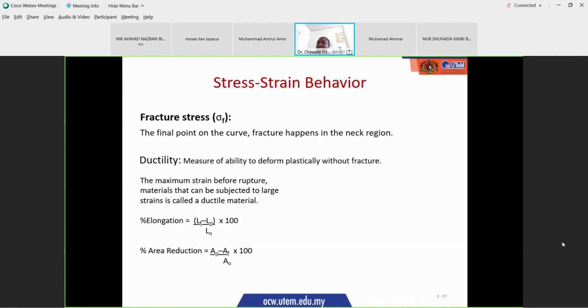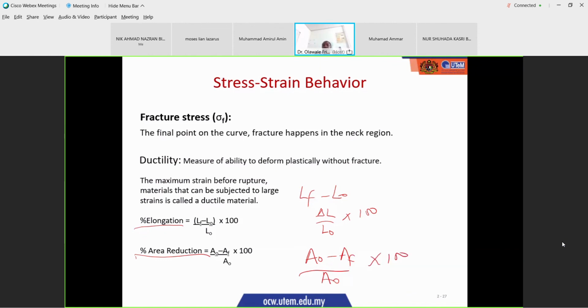And to measure the ductility of your material, you can use two methods, either the percentage elongation or the percentage area reduction. You need to understand that when your material is elongating, the area will be reducing, the diameter will reduce. Percentage elongation is delta L over the original length multiplied by 100, because delta L is equal to L_f minus L_0. And percentage area reduction is the original area minus the final area, all over the original area, multiplied by 100%.